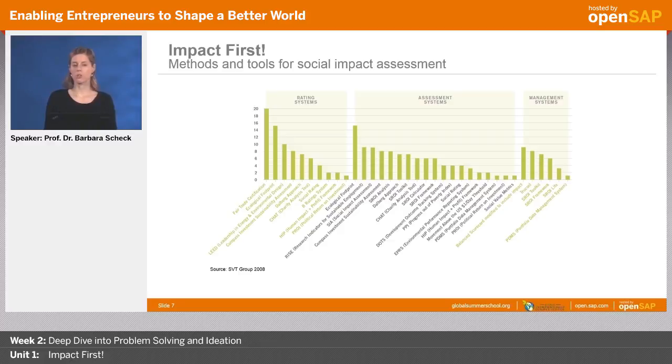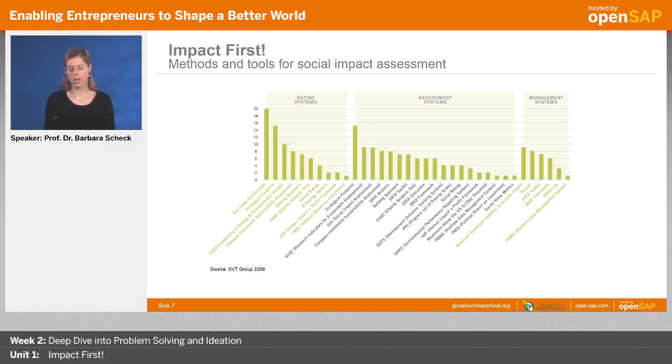Nowadays, the trend goes towards holistic management systems, so impact assessment metrics and methodologies that help you to identify the problem, to better understand your own approach, to assess your impacts and outcomes, and use this to really create a more powerful and impactful organization, rather than just having one metric or one indicator or one number to quantify your impact.